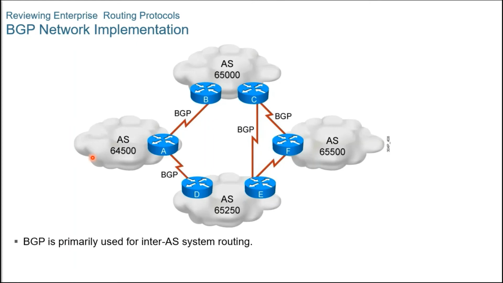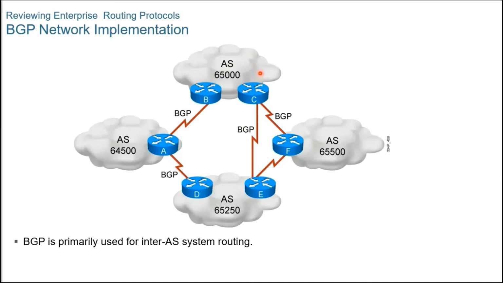BGP network implementation: in this figure, BGP is used to interconnect multiple autonomous systems. Because of the multiple connections between autonomous systems and the need for path manipulation, the use of static routing is excluded.